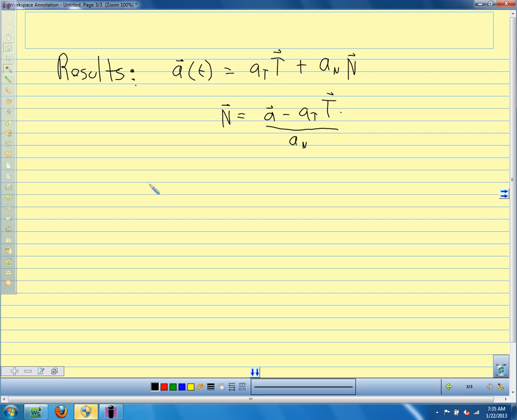A sub t is the derivative with respect to time of our speed, the magnitude of the velocity vector. It equals a dot t, and what we didn't derive, but I will at a later time, is v dot a over the length of v.